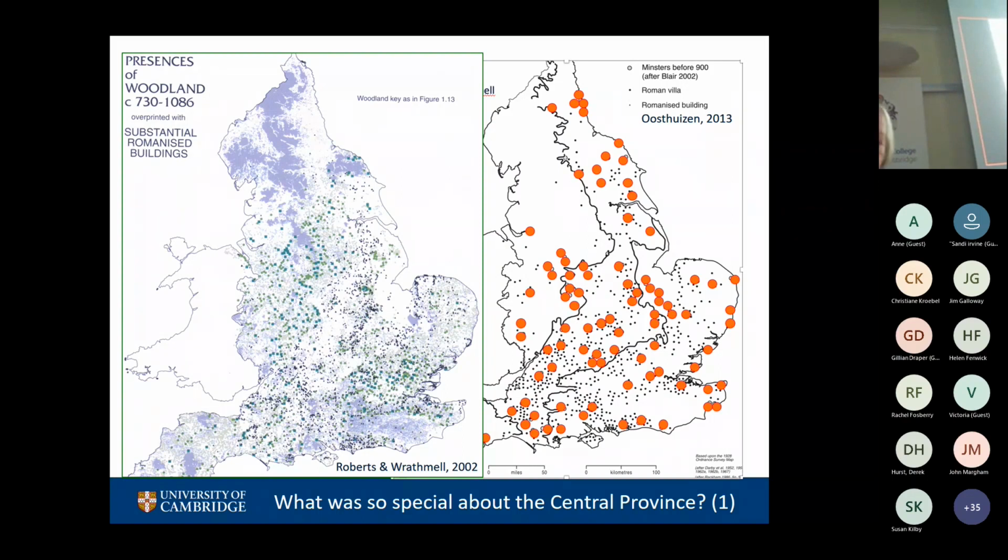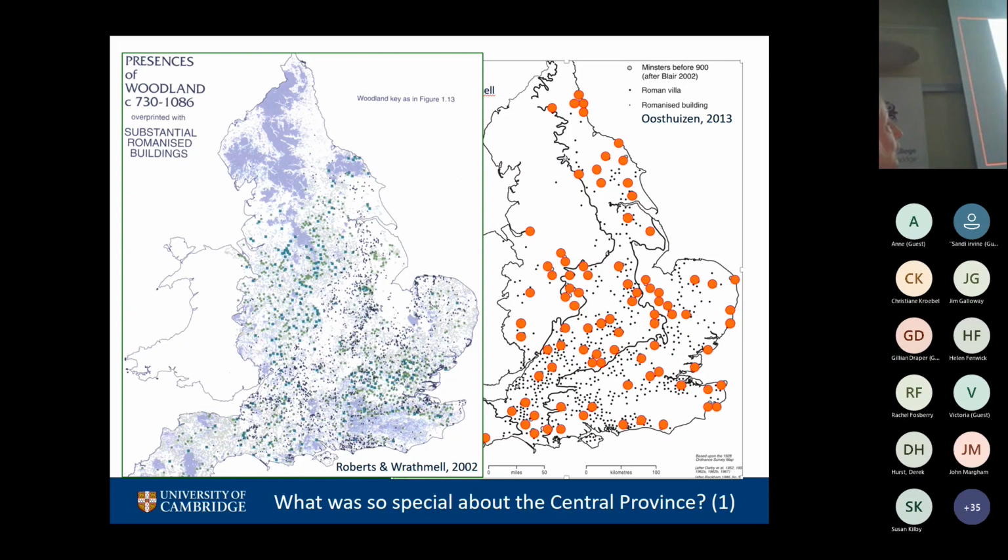So if you look at the central province here, there it comes down here, you can see that this is an area in which there was very little early medieval woodland. So Della Hooke suggests that those are areas of long-term arable, a long history of arable production.